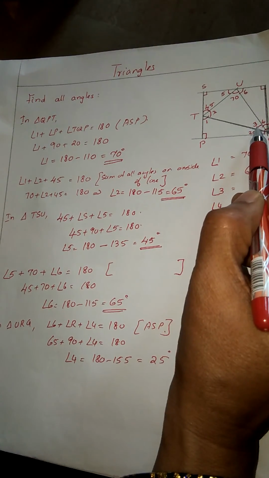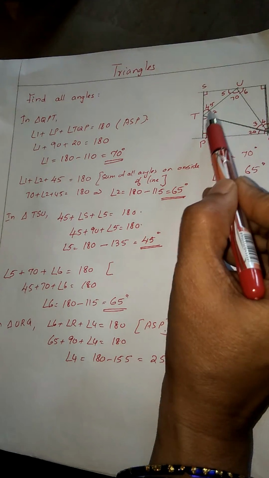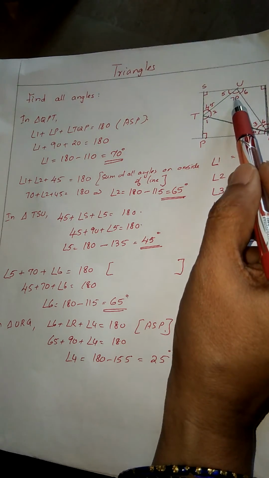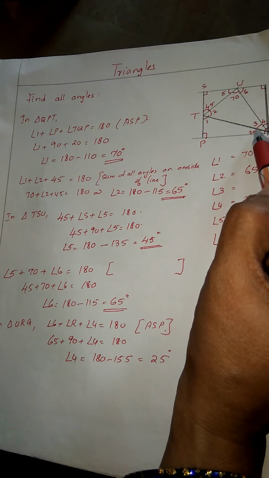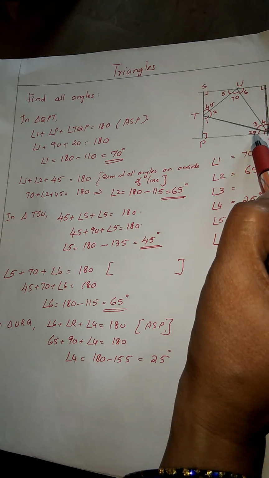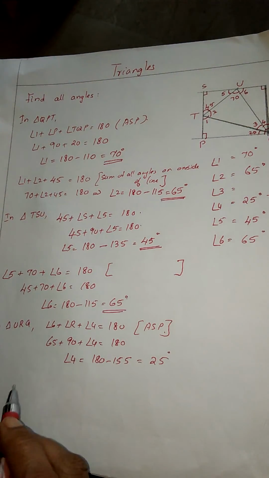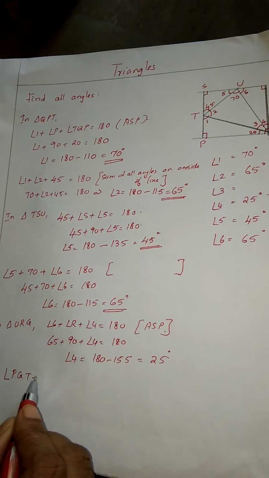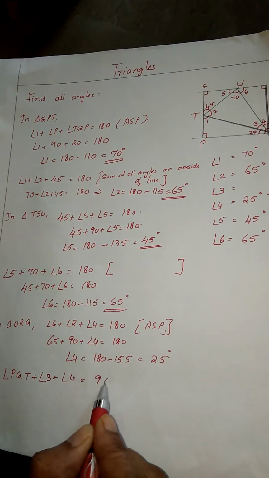Now we are left with only this angle. Here you can take either the triangle TUQ, angle 2 plus 70 plus angle 3 is equal to 180, or you can see this, the full angle is 90. So I am taking angle PQT plus angle 3 plus angle 4 is equal to 90 degrees.